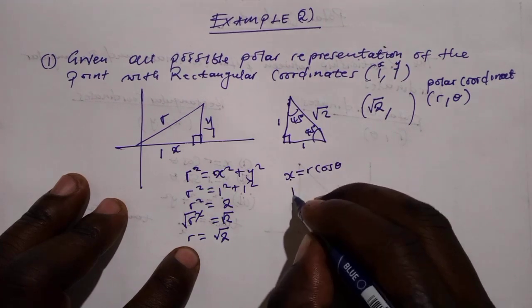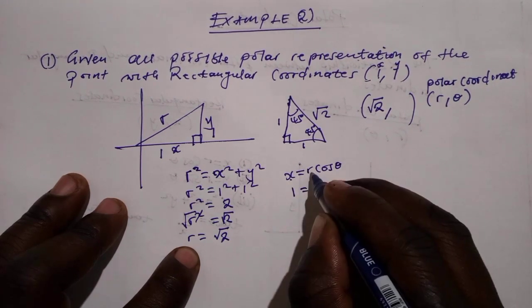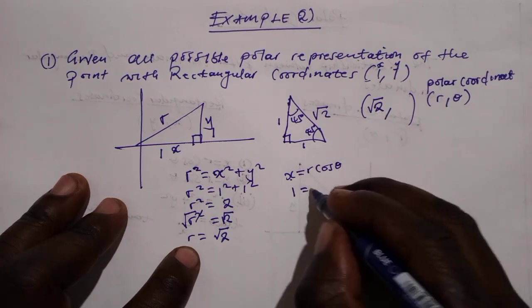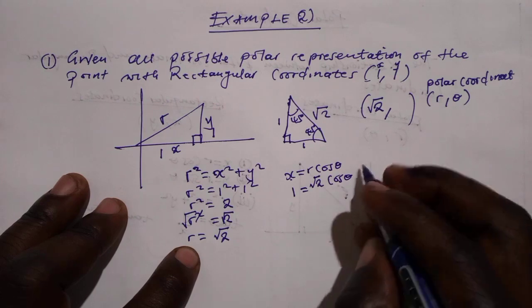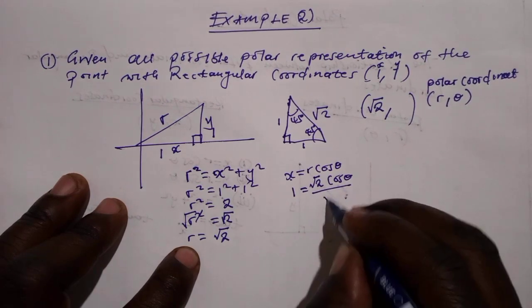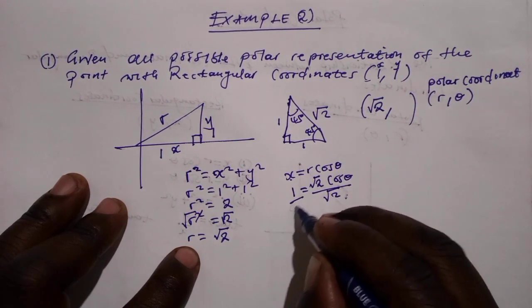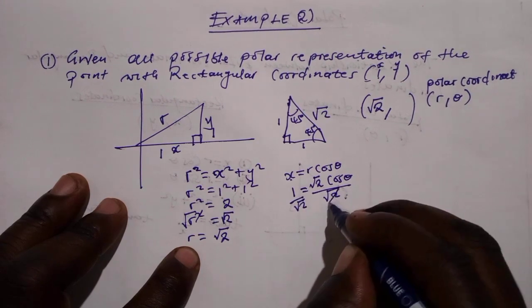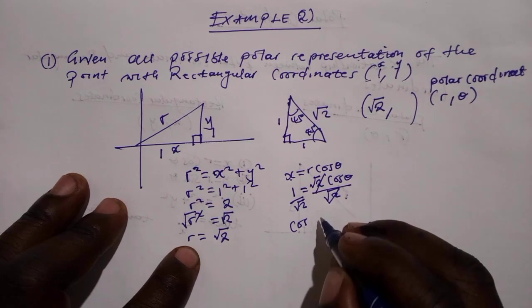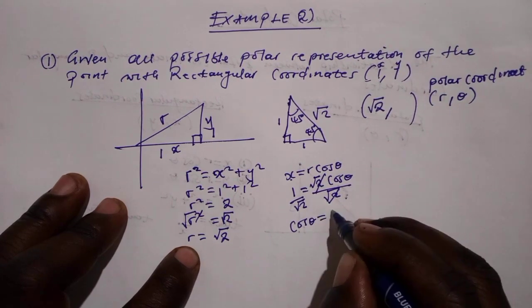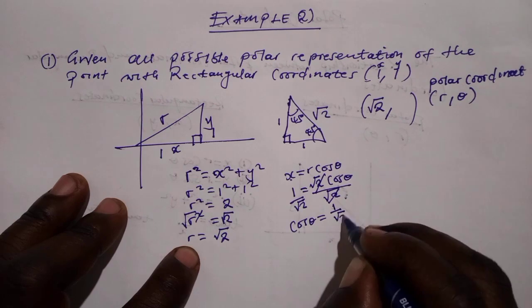For x we have 1, which equals r. We have found that it is root 2, then cos theta. Then we are going to divide by root 2, in which we are going to remain with cos theta equals 1 over root 2.